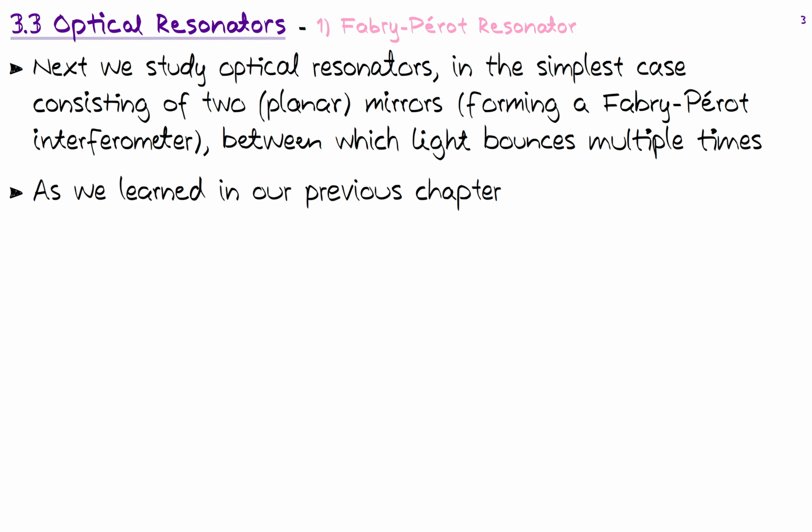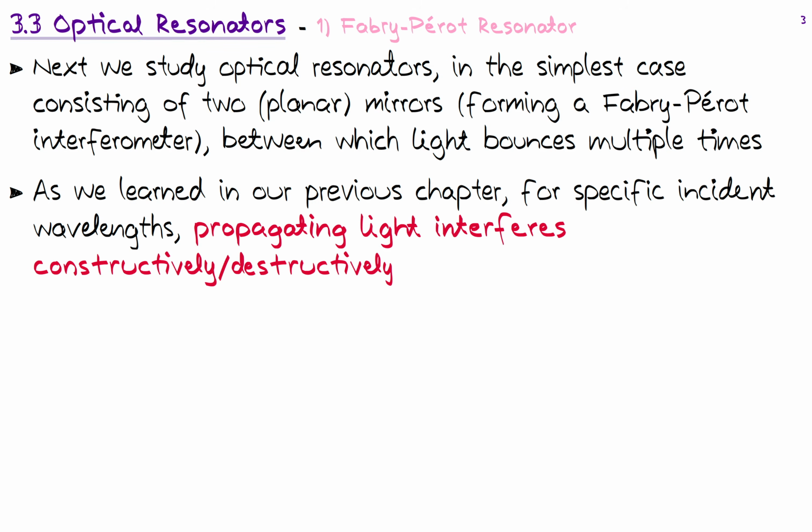As we learned in the previous lecture, specific incident wavelengths of propagating light interfere either constructively or destructively, and that's the mechanism that gives rise to these resonances. If you still remember the transmission function, it is periodic.